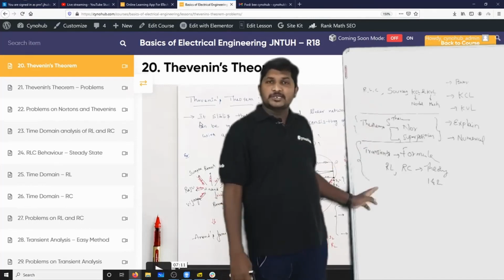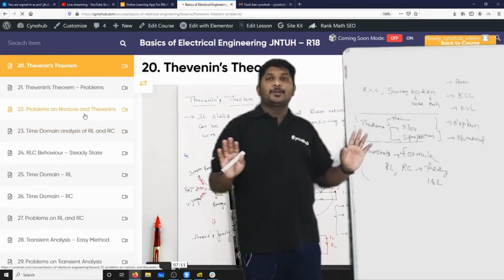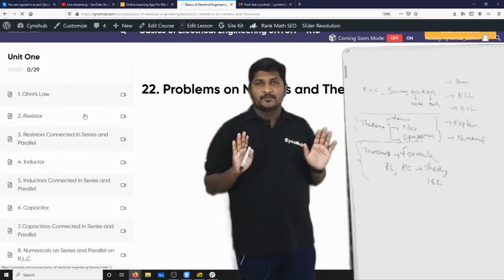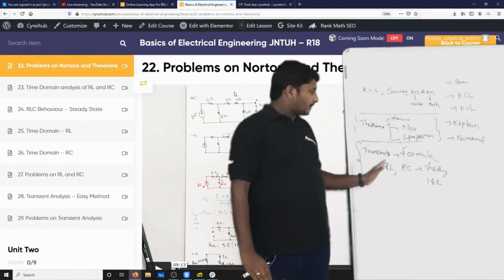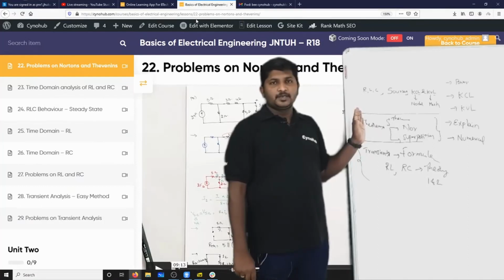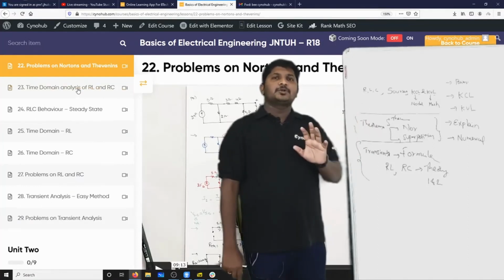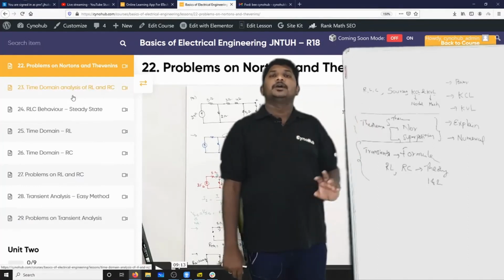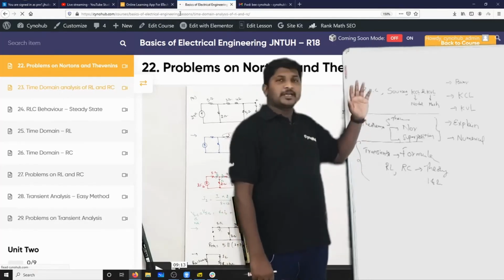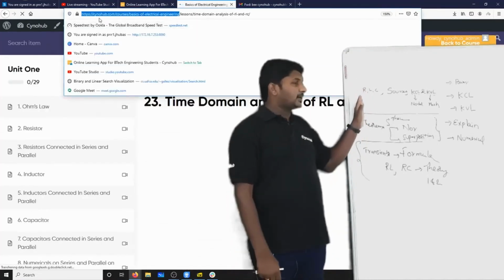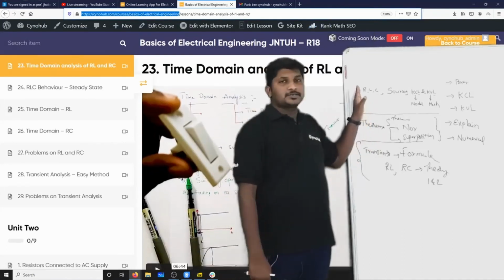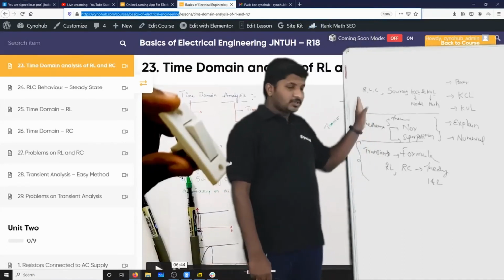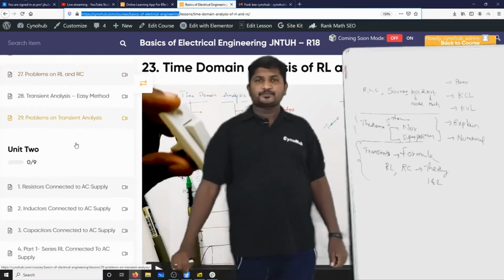Or take 1 and 3 and leave 2, no problem, you will get good marks. So, this is about the first unit. If you have any questions regarding the first unit, please post them, and I will explain, or if time permits, I will explain that. Otherwise, I will cite the videos which are in Cynohub. So that is about unit 1.